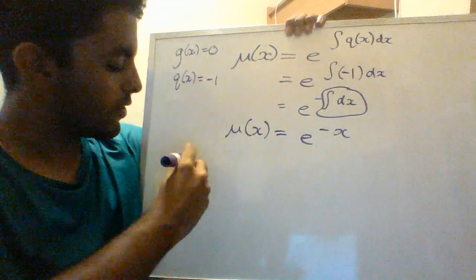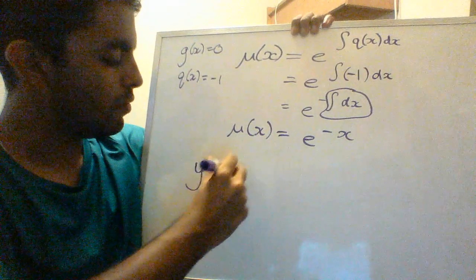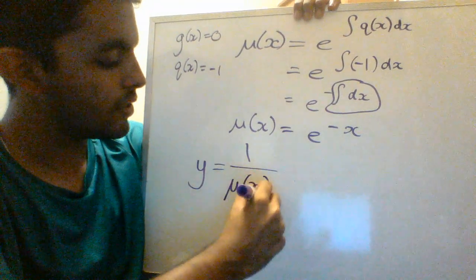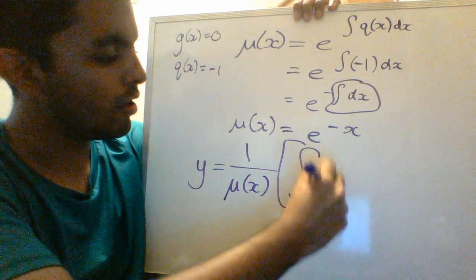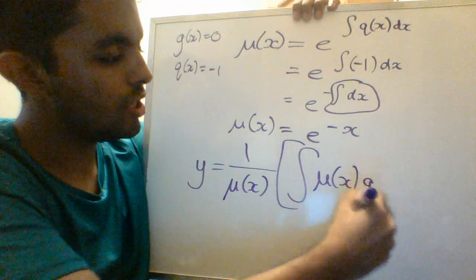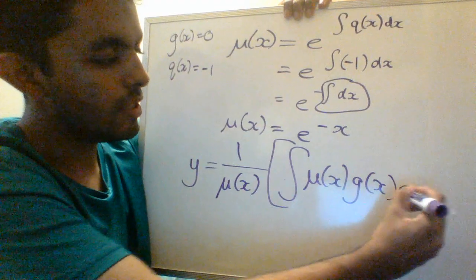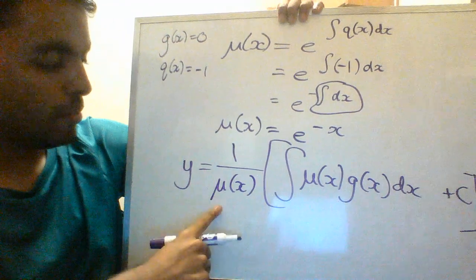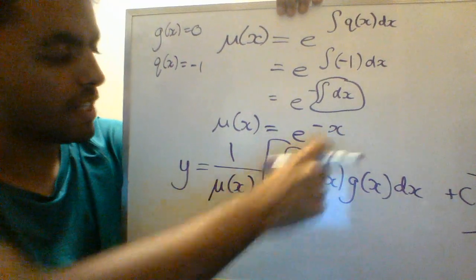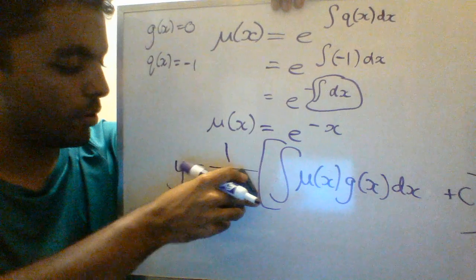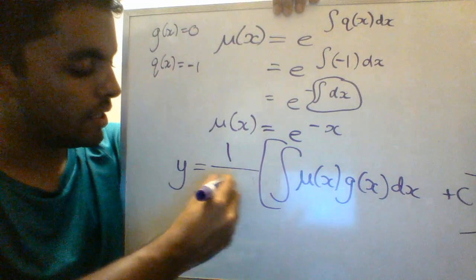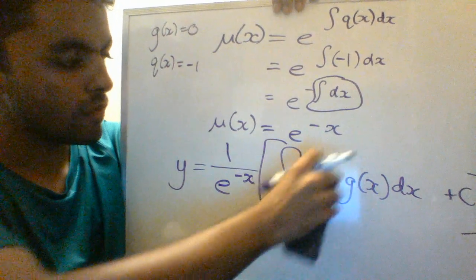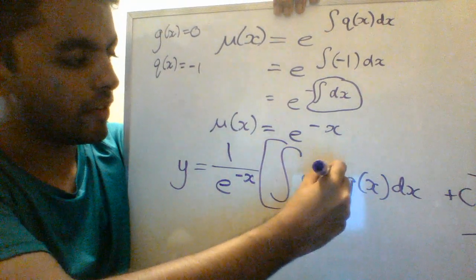So now we have to solve for y, which is 1 over mu of x times the integral of mu of x g of x dx plus c. Mu of x, we know, is e to the negative x, so I'm going to plug that in both spots. e to the negative x, same thing over here, e to the negative x.